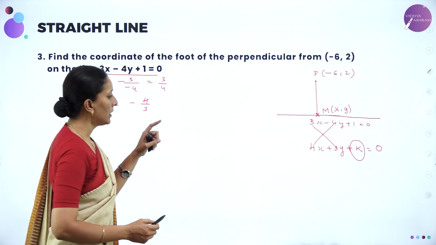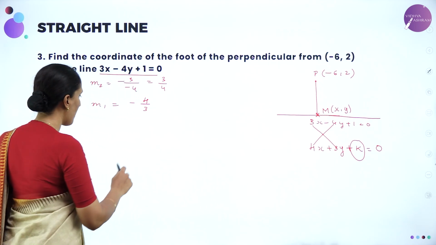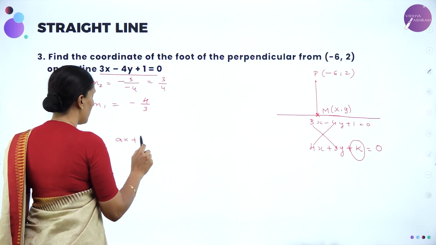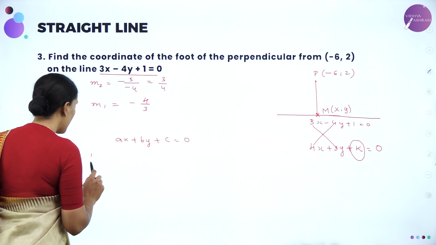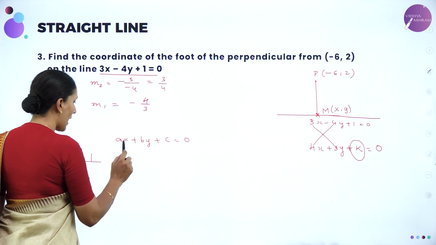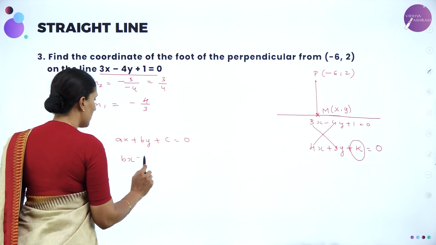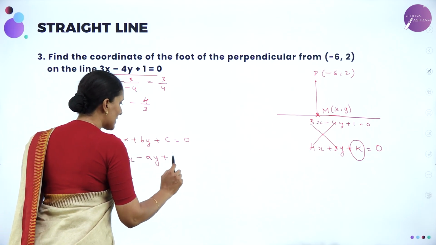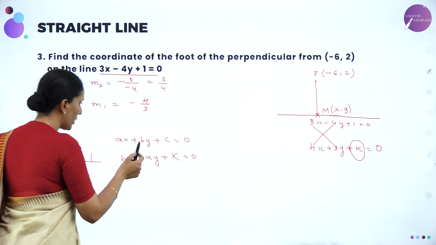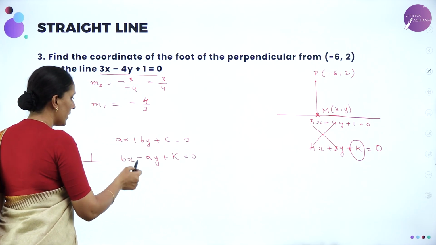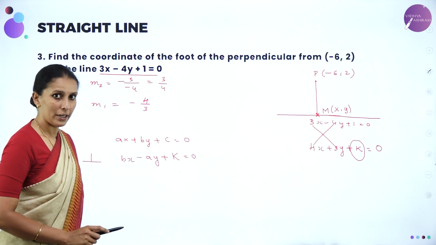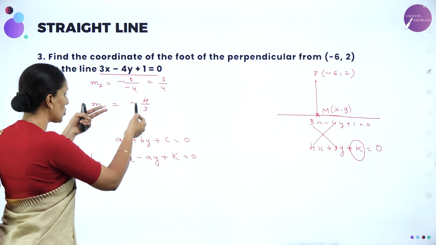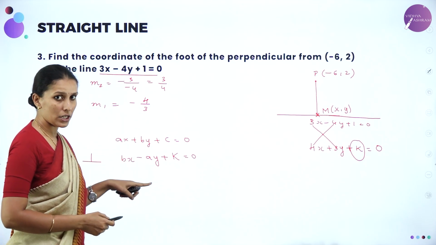For example, if ax plus by plus c is equal to 0, then any line perpendicular to this can be written as bx minus ay plus k is equal to 0. So here the coefficients interchange and the sign in the second term changes, whereas the constant is completely different. And hence, without finding the slope also, we can directly write the equation.